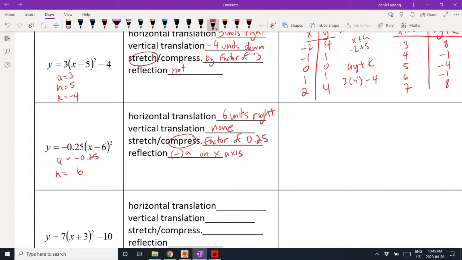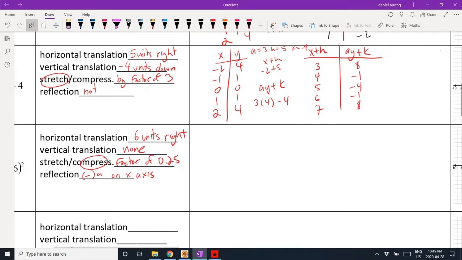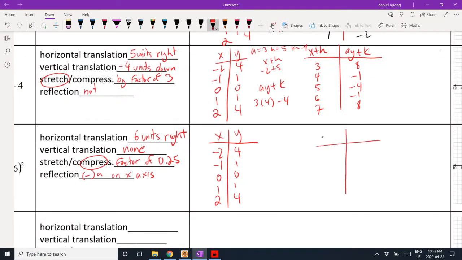And let's go ahead and translate those key points to our new graph. So we have x, we have y, and you're going to plug it in, negative 2, negative 1, 0, 1, and 2, 4, 1, 0, 1, and 4. So let's get our new points. Remember, it's x plus h, and then a times y plus k.